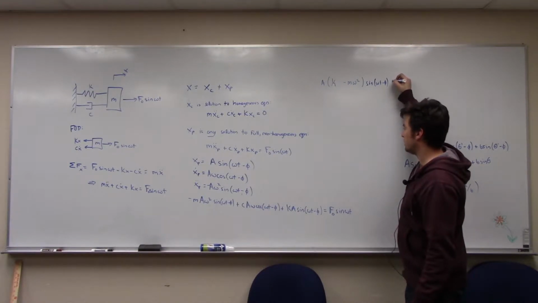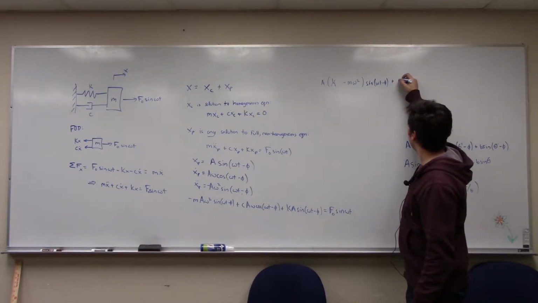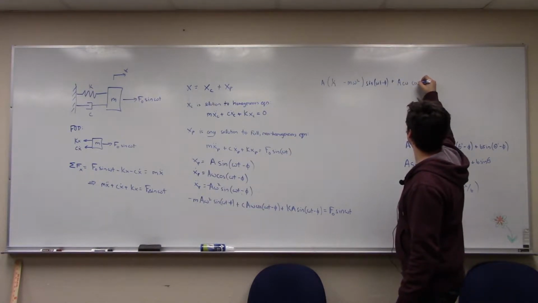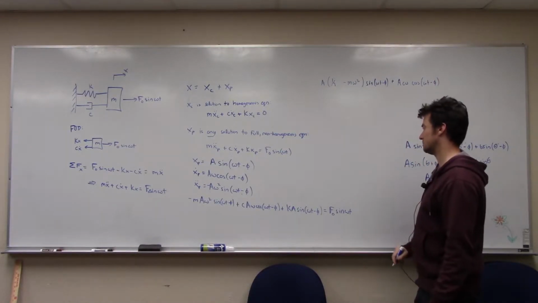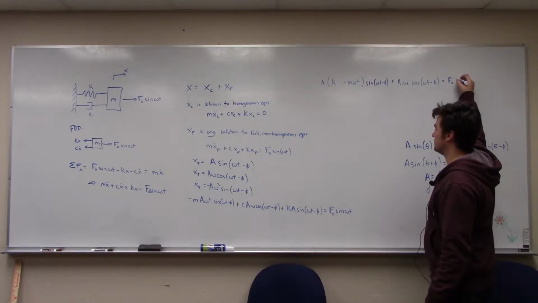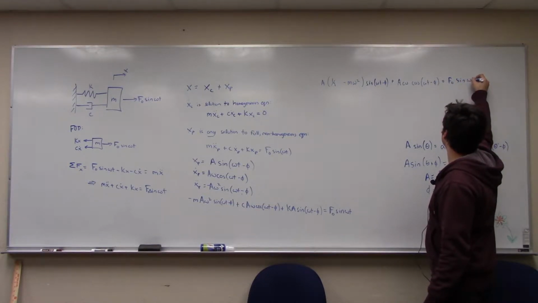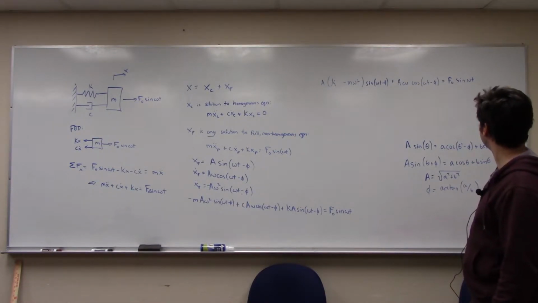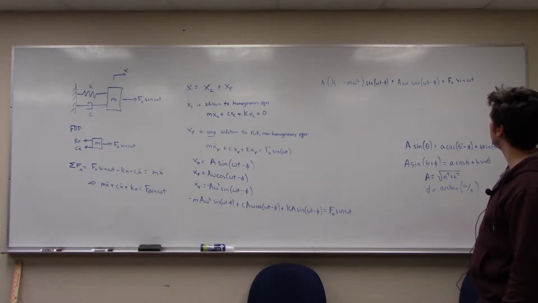And we've got a plus A c omega cosine of omega t minus phi, which is equal to F naught sine omega t.